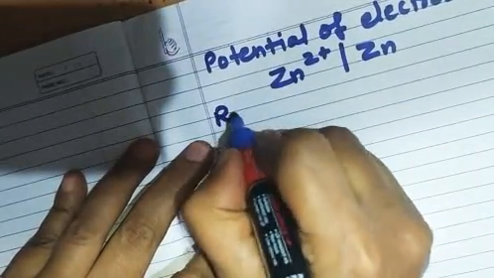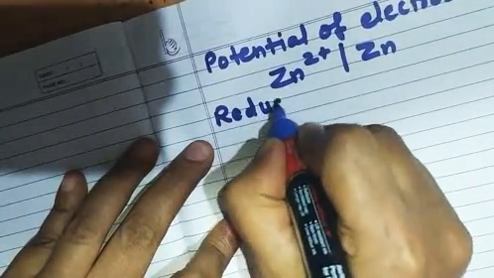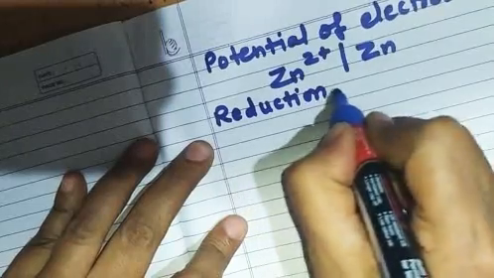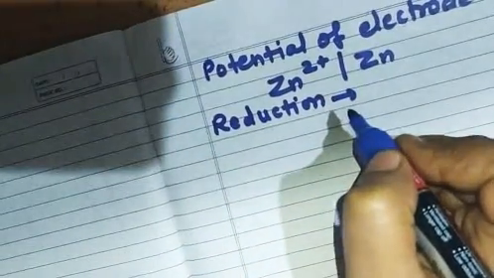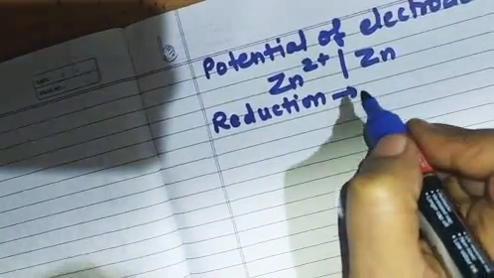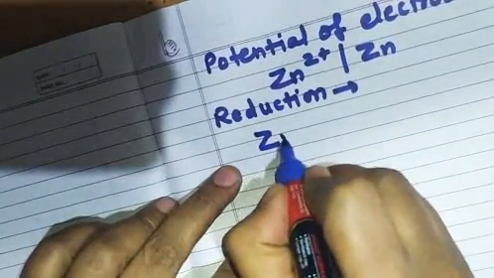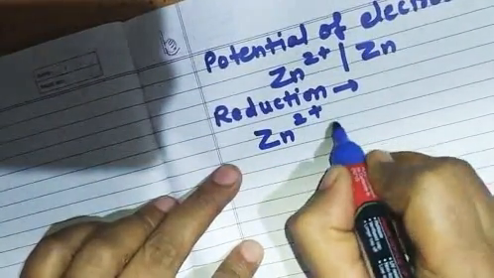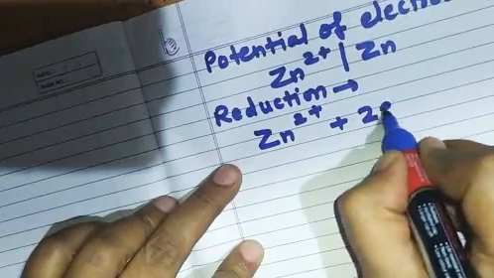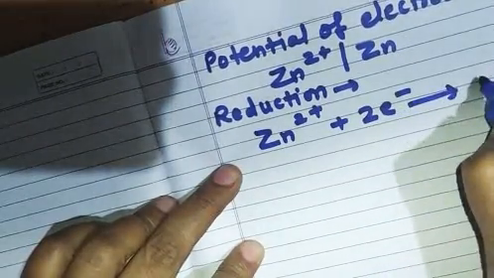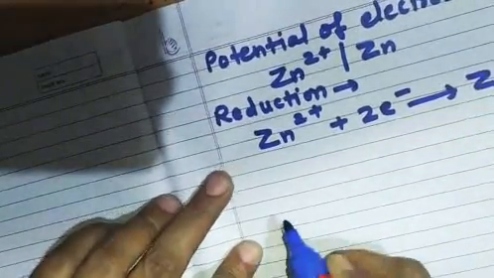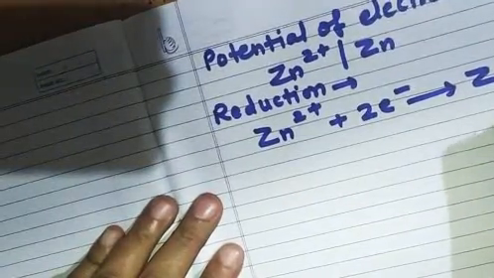Let us consider that reduction takes place at this electrode. Therefore, the reaction is like this: Zn2+ ions accept 2 electrons and give zinc in solid form.